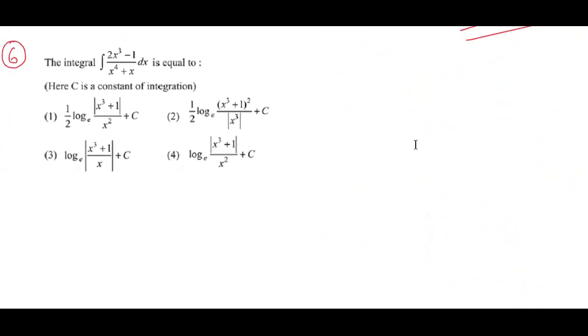Sixth question: the integral of 2x cube minus 1 by x power 4 plus x dx is equal to, that is the question. How to do this, tell me. So integration 2x cube minus 1. I am getting the thought: in the denominator take x square common, then what remains is x square plus 1 by x dx.